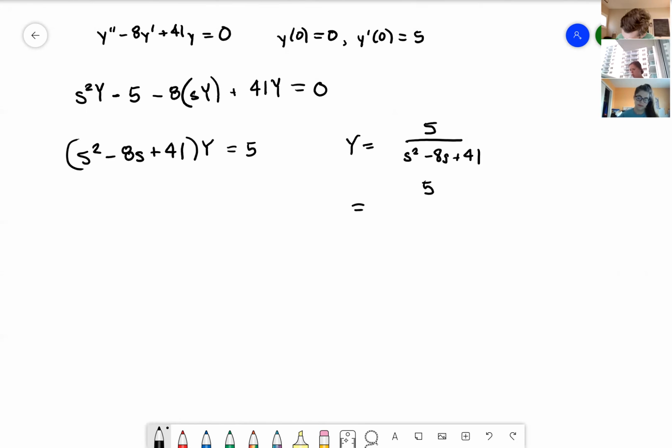So this will be 5 over s minus 4 squared. And I'm going to do this to the side. S squared minus 8s plus 16. 41 minus 16, I should be able to do this in my head. No, 25.